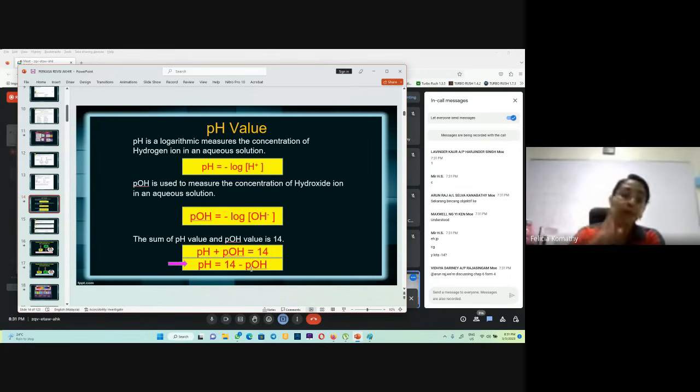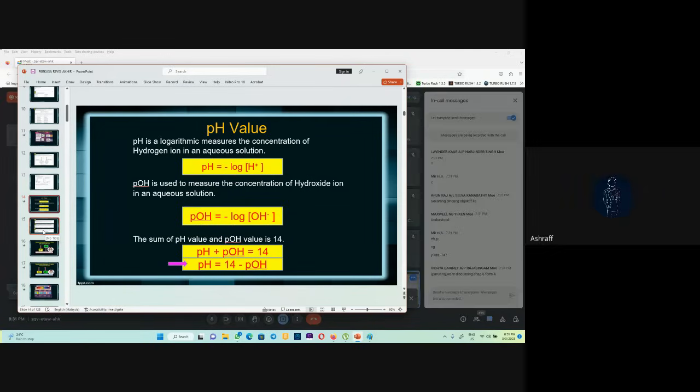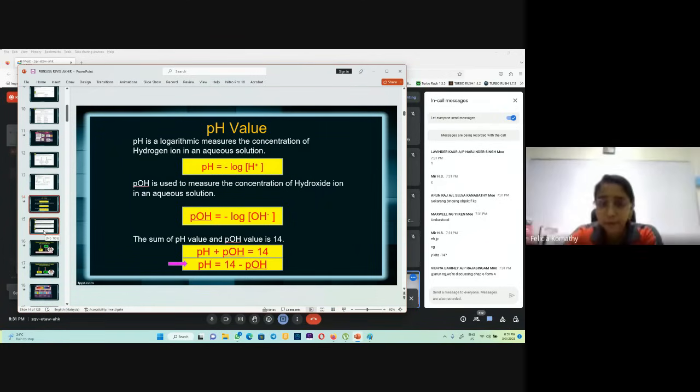You must subtract the pOH from 14. Understand now? You see the substance is an alkali, hydroxide. If it's hydroxide, it must be pOH. So to get the pH for the alkali, 14 minus the pOH. Get it?